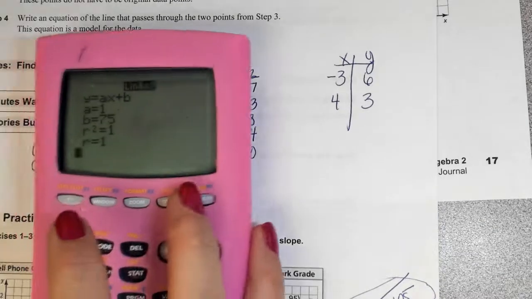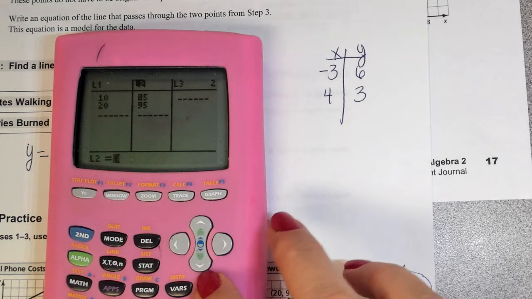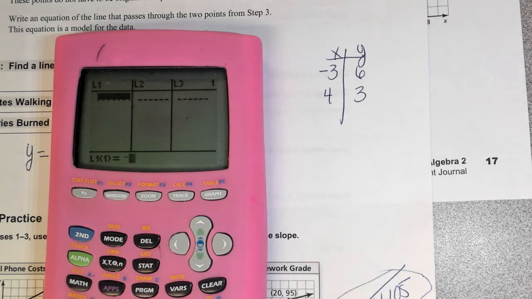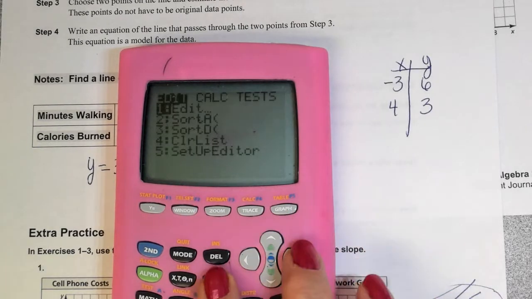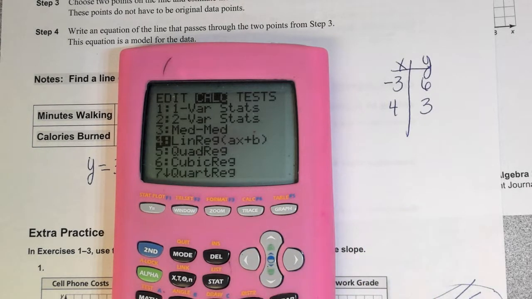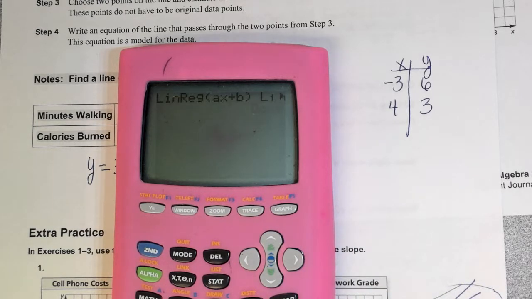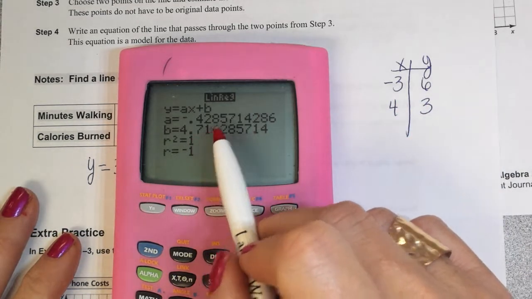If you get stuck, I'll be doing it up here. And when we get an answer like this, we're going to round to the nearest hundredth.